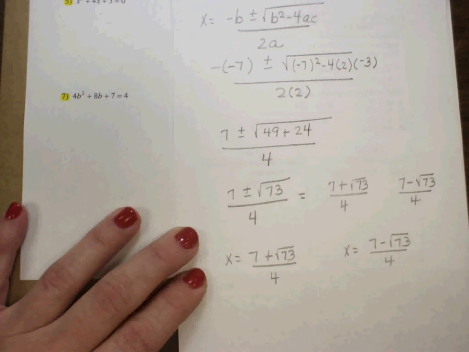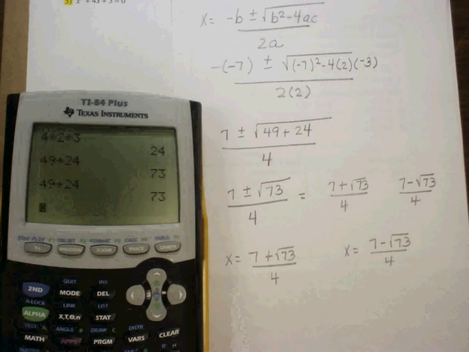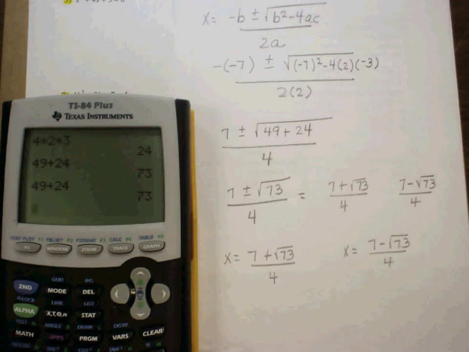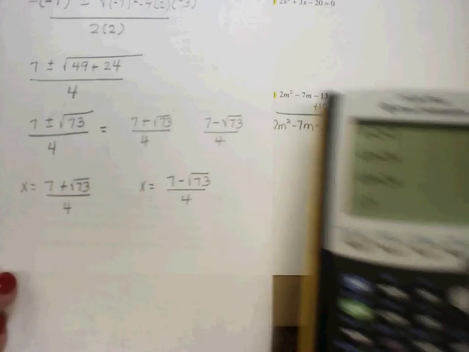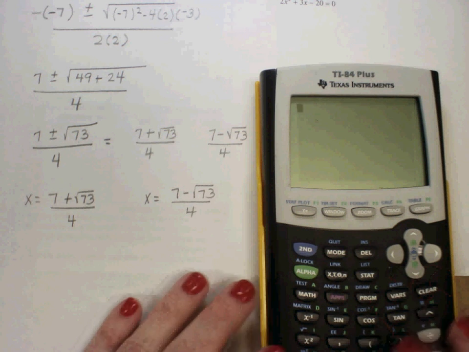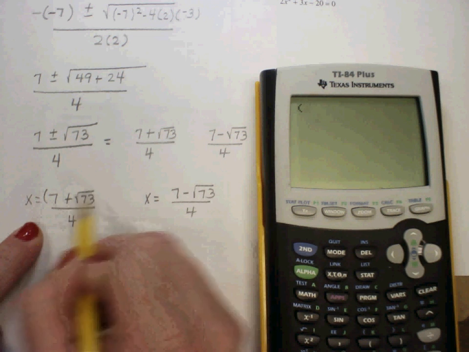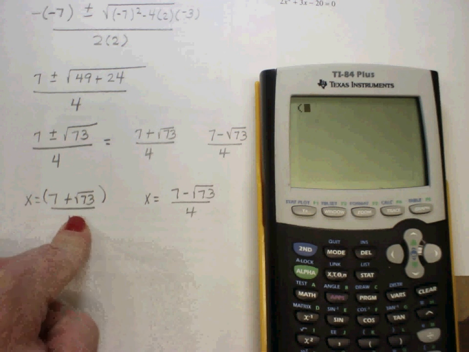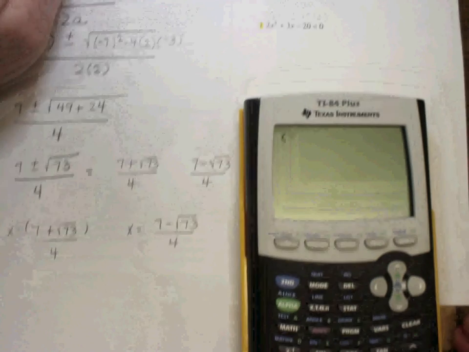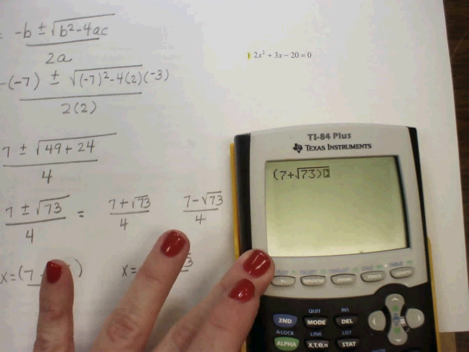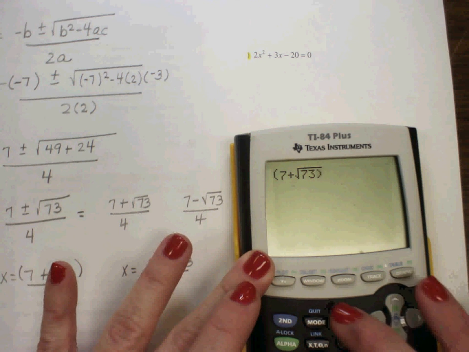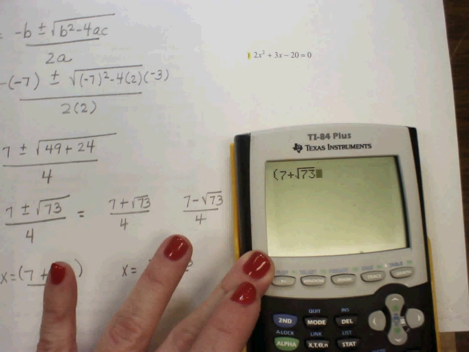Now, if you wanted to do this as a decimal, then you would say 7. I'm going to put parentheses at the top since I have a binomial as a numerator. So you would say 7 plus square root of 73, and then you're going to divide that by 4.